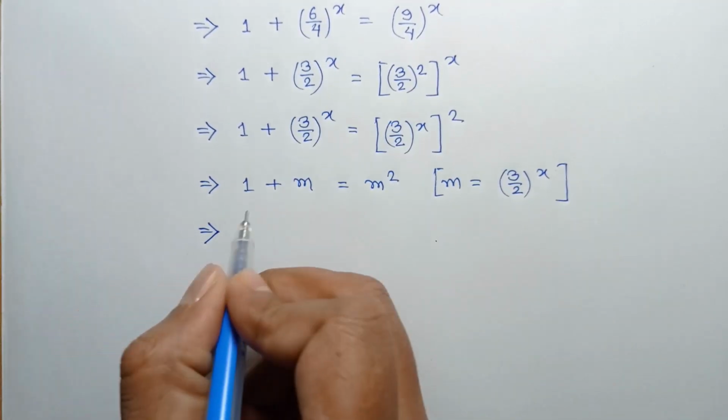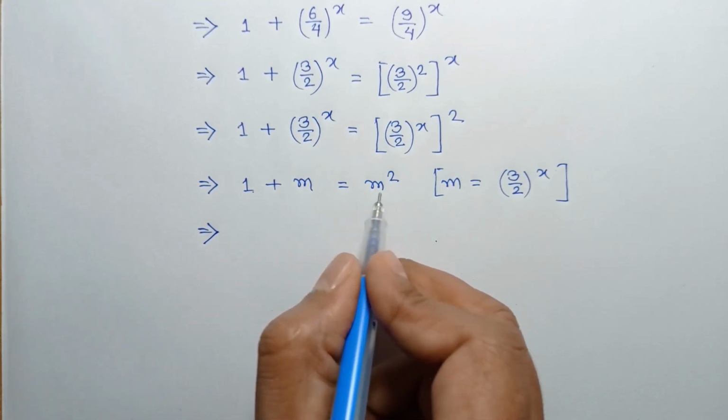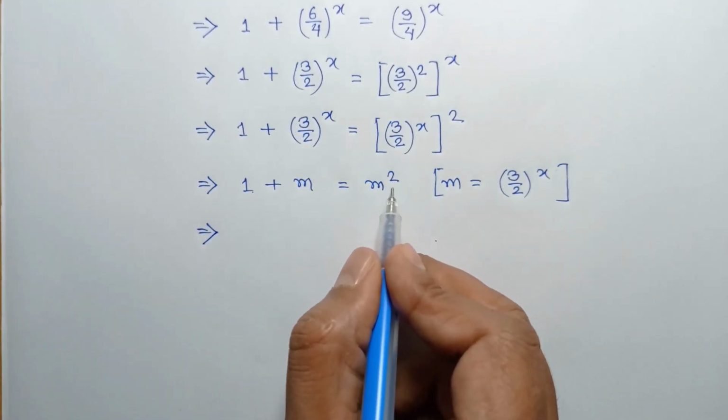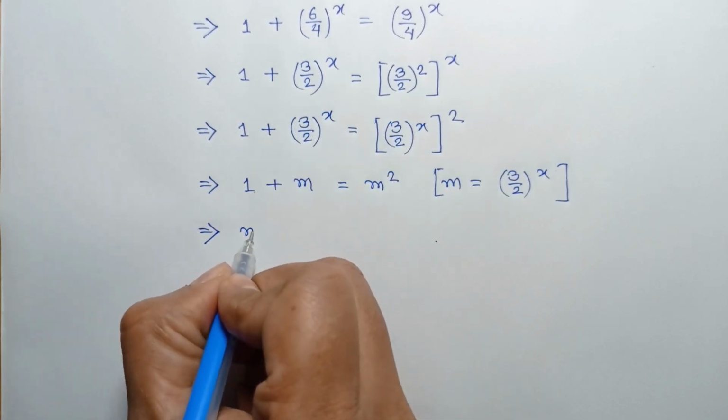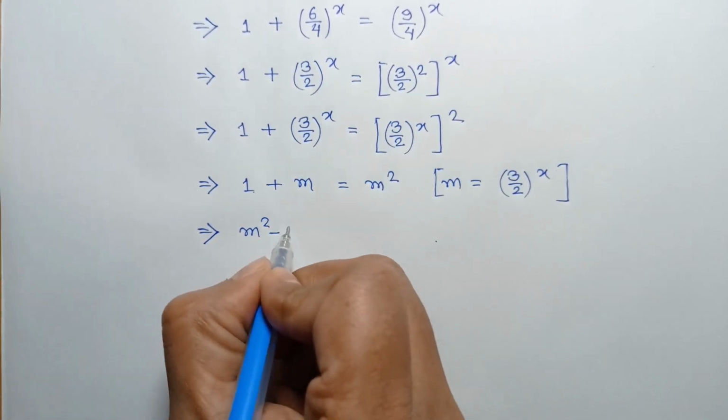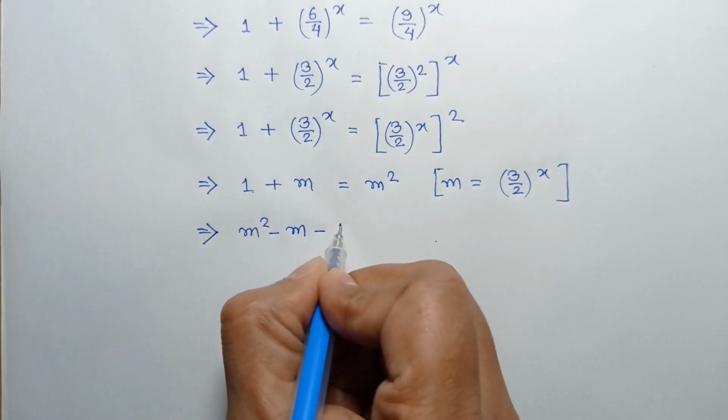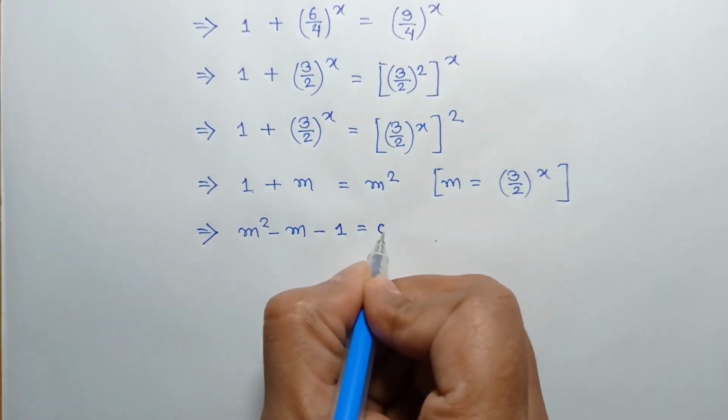Or taking the left side to the right and the right side to the left, we can write m square minus m minus 1 is equal to 0.